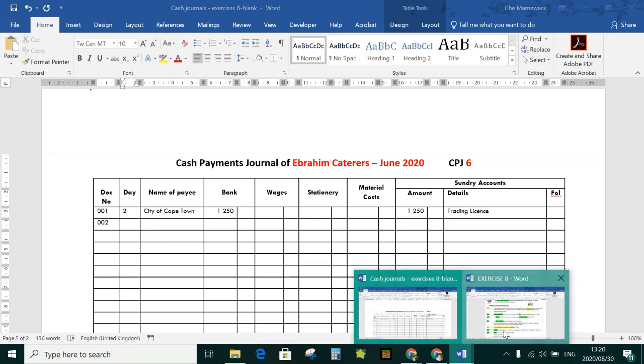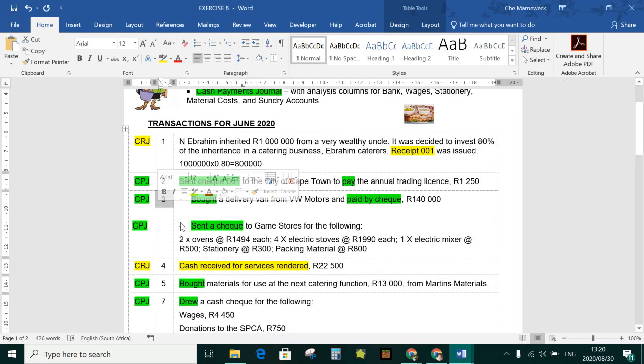We have a look at our transactions, and on day 3, we have 2 transactions happening. The first one, we have bought a delivery van from VW Motors and paid by check 140,000. Hopefully, by this point, you know, delivery van, that is called vehicles in accounting.